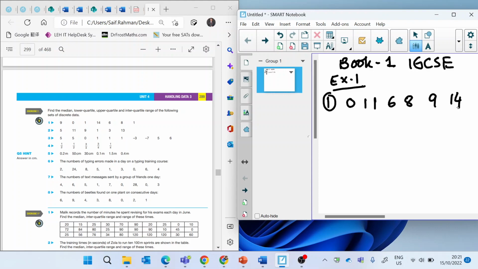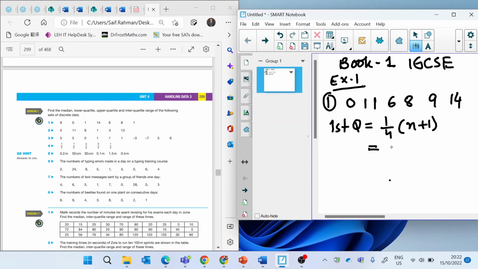To find the interquartile range, lower quartile or upper quartile, we need to distribute this data into 4 quarters, and we need to use a formula. For the lower quartile, or first quartile, the formula is 1 by 4 times n plus 1. Here n is how many numbers there are: 1, 2, 3, 4, 5, 6, 7, so n is 7.